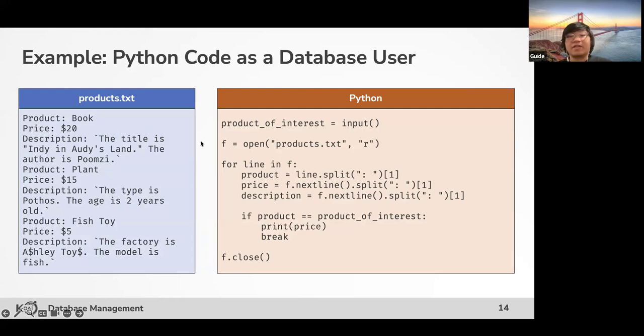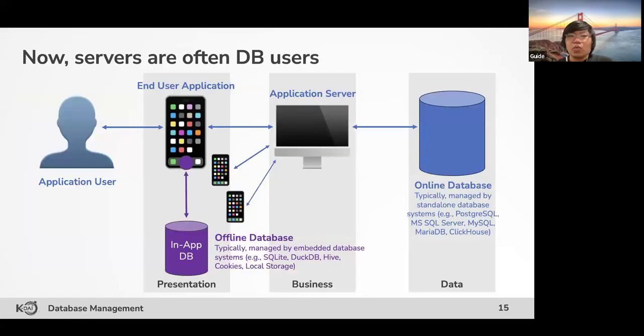And we have this Python code, which is the one who interacts with the file products.txt. As I gave you a spoiler in advance, the application actually is not the main character. I mean, it's not the one who actually directly interacts with the database.